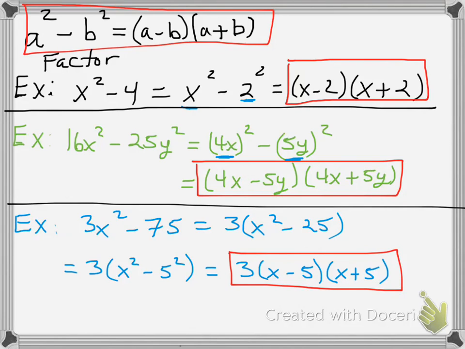Remember I said the greatest common factor a lot of times is just along for the ride, and you don't do anything with it at the end here. See that 3, once we factored it, it's just along for the ride. It just sits pretty in your answer at the end. Sometimes you might do something with it if you're solving or something like that. Okay, let's go ahead and do a little more.